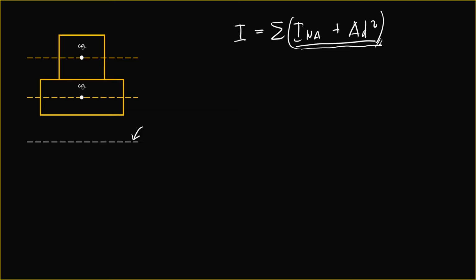Let's try to solve manually first. Say for example, the dimension is 3, and the height is also 3. This is in centimeters. The height of this one is also 3 centimeters.